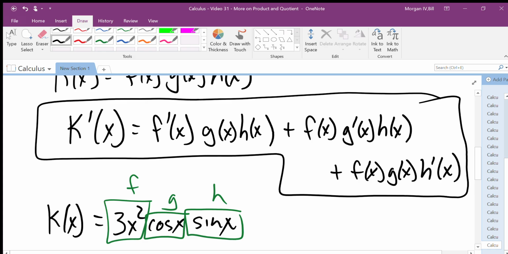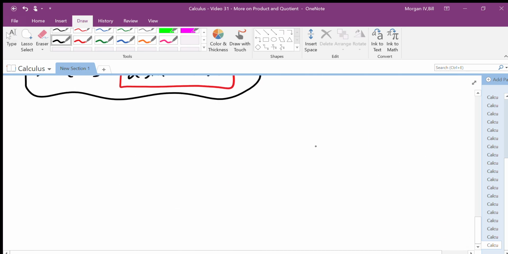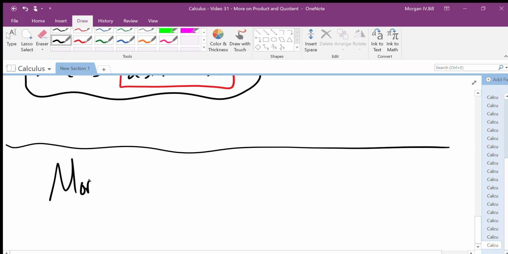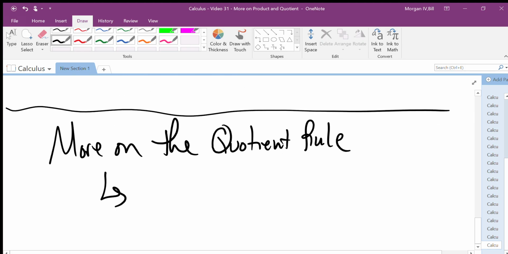Let's try more on the quotient rule. All right, the more on the quotient rule is not going to feel like quotient rule at all. One idea is that some people, and this is real, never use the quotient rule.